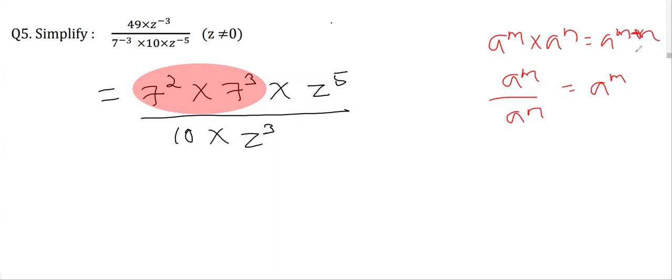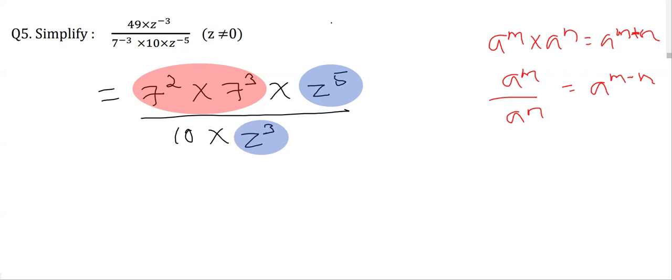Sorry, this is plus in case of product, the powers are added, and this is m minus n. So the two places where I'm applying laws of exponent are this and the other over this.